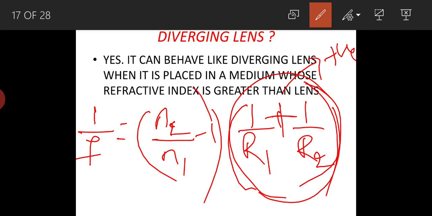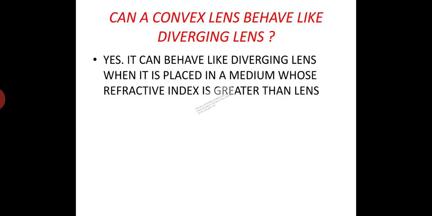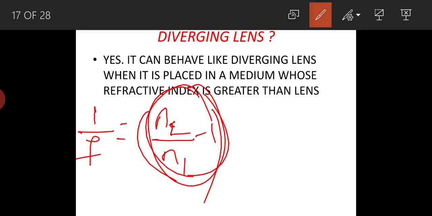Now the term (n2/n1 - 1) can be positive or negative. This term will be positive when n2/n1 is greater than 1.